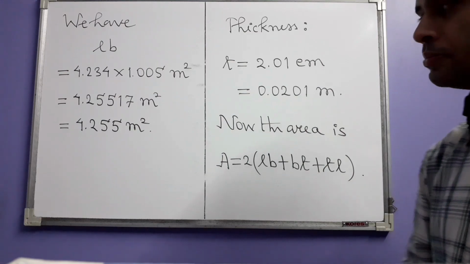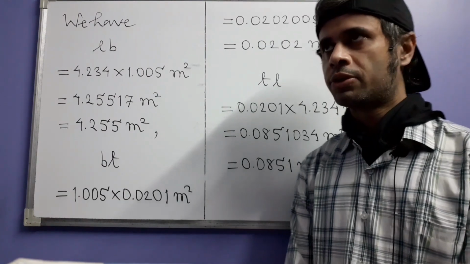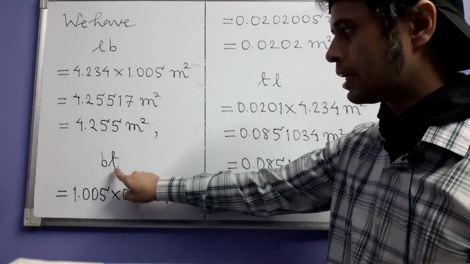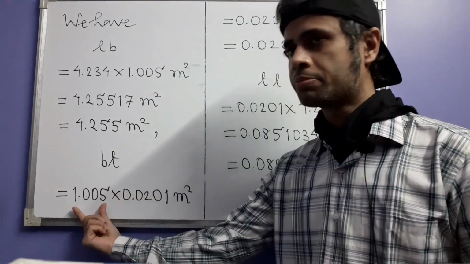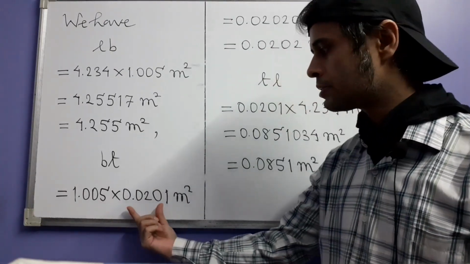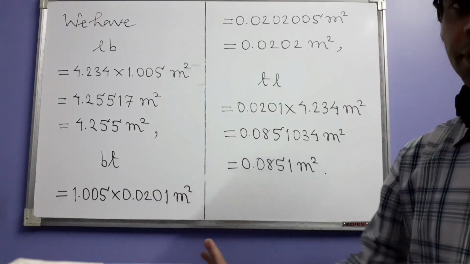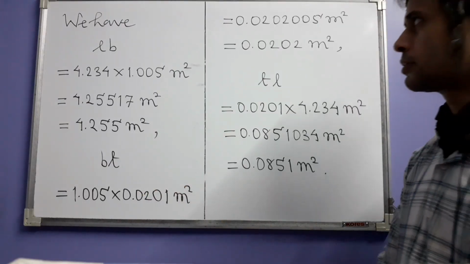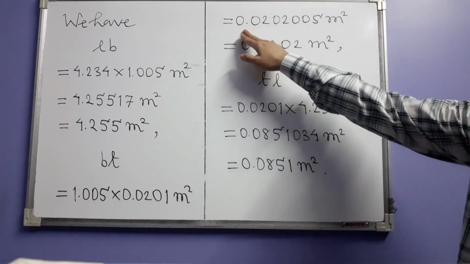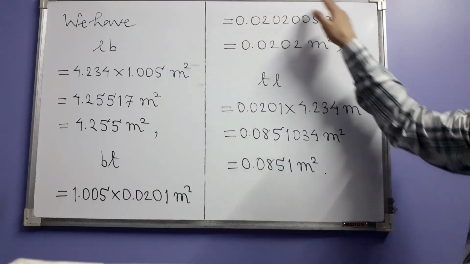That is why. So the next product is the product of breadth and thickness. Breadth is 1.005 meter, thickness is 0.0201 meter. So that much meter square, their product. And that turns out to be this.